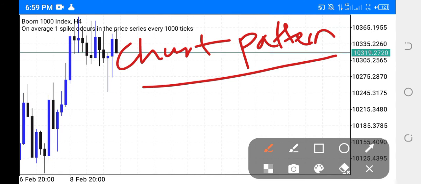But remember, I told you there is no strategy that is 100% accurate. There are a lot of strategies. It's for you to build your own system that can work for you. If you're a price action trader, you need to build yourself more on price action, because what I literally do here is nothing else but price action.